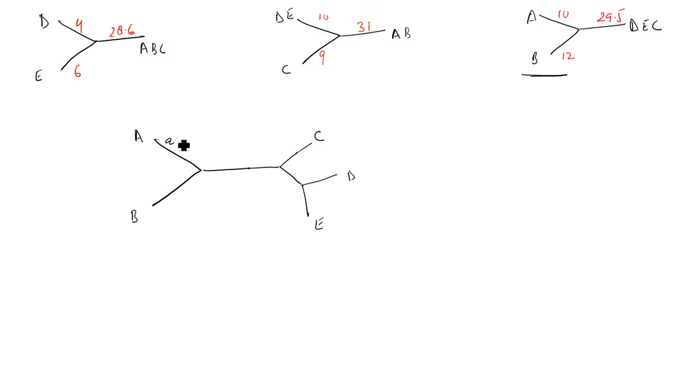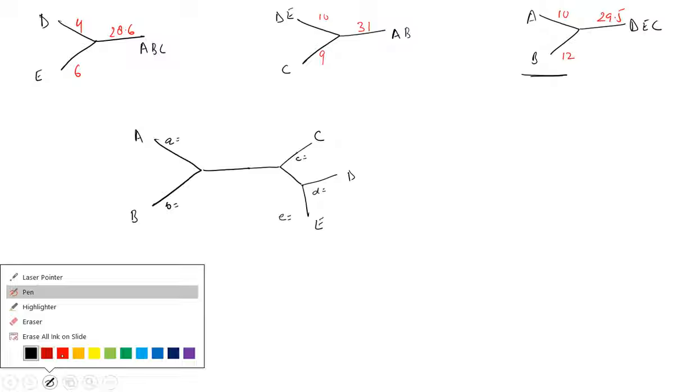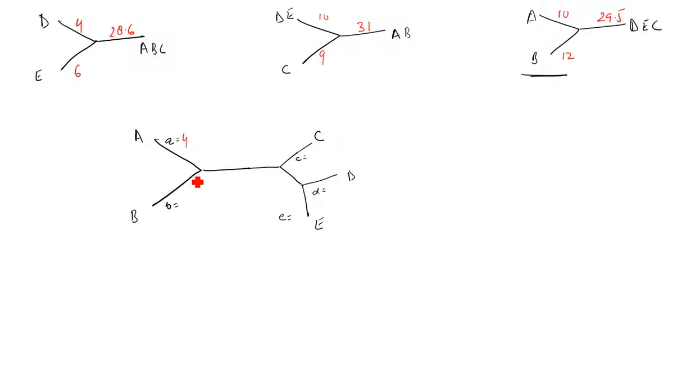So now if you make it here A, B, C, D and E. So let me mark the values here. 4, 6, 9. This one is 4, this one is 6, this one is 10 and 12.